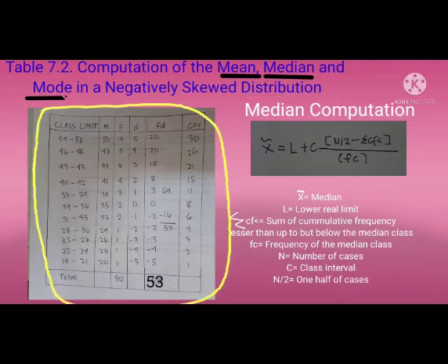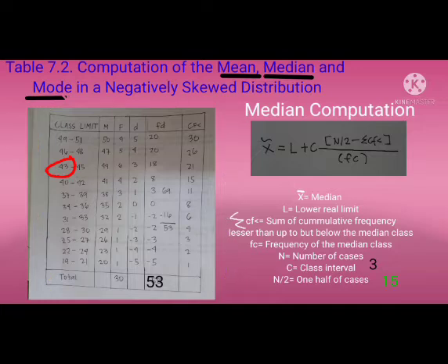In this table, 43 is our lower real limit, plus the class interval, which is 3, times one half of the cases in the distribution, which is 15, minus the cumulative frequency lesser than up to but below the median class, which is 15, over the frequency of the median class, which is 6.